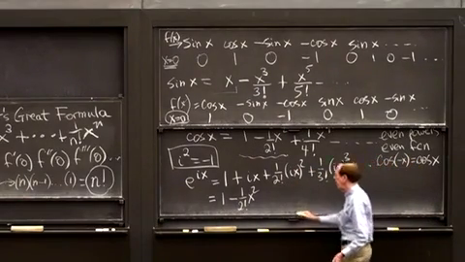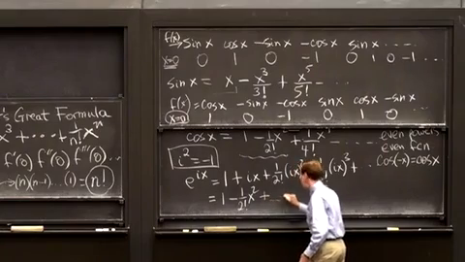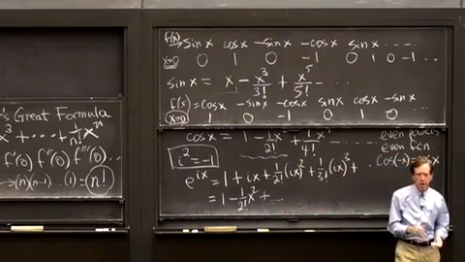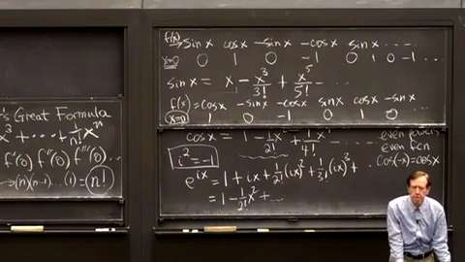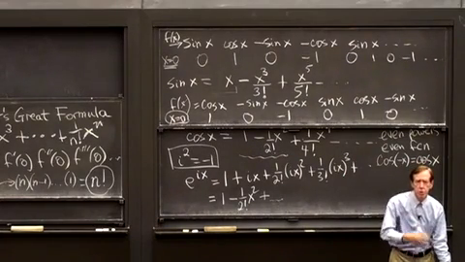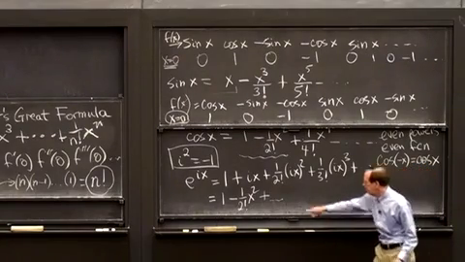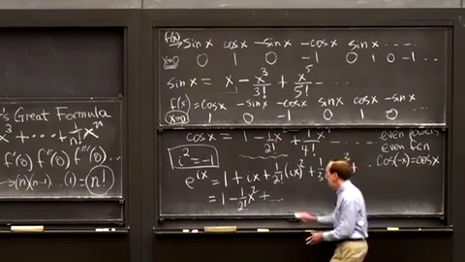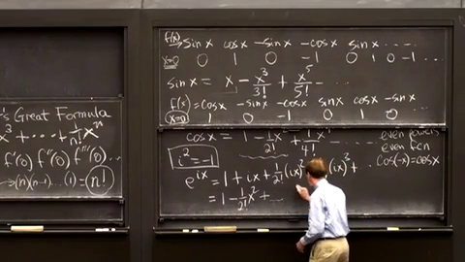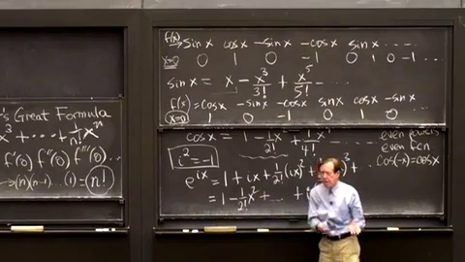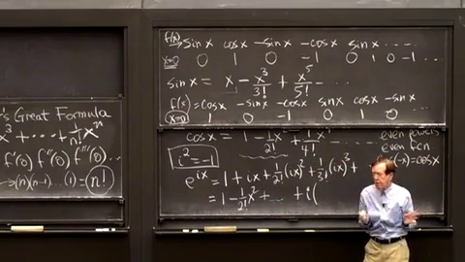And then would come something from the i to the 4th. Because what is i to the 4th? It's i squared squared, minus 1 squared, we'd be back to plus 1. So plus sign. Good. Now comes the part that has an i in it, and a single i I have to live with.